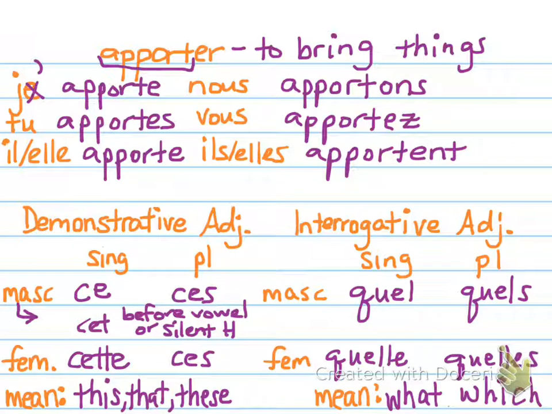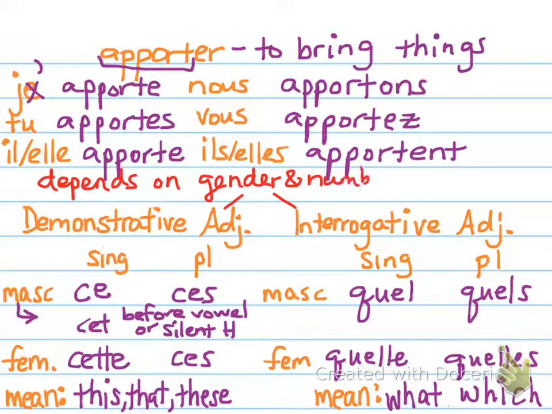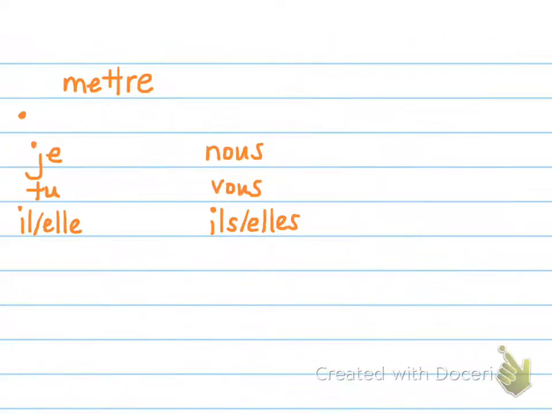And again, which form you use depends upon the gender, masculine or feminine, and number, singular or plural, of the noun you're describing. So that's a little review of what's been in lesson 18 so far.